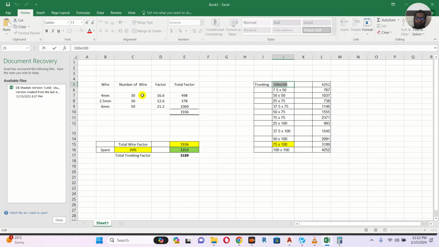So let's go with this one, 15, and 25. Okay. So now, before I use this, I will double click this one.